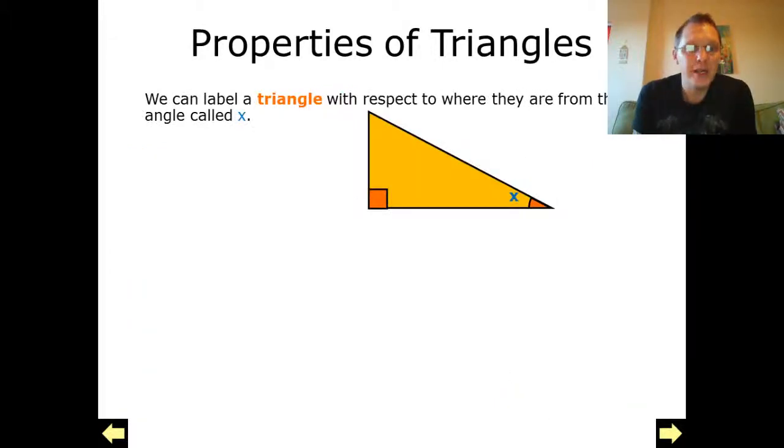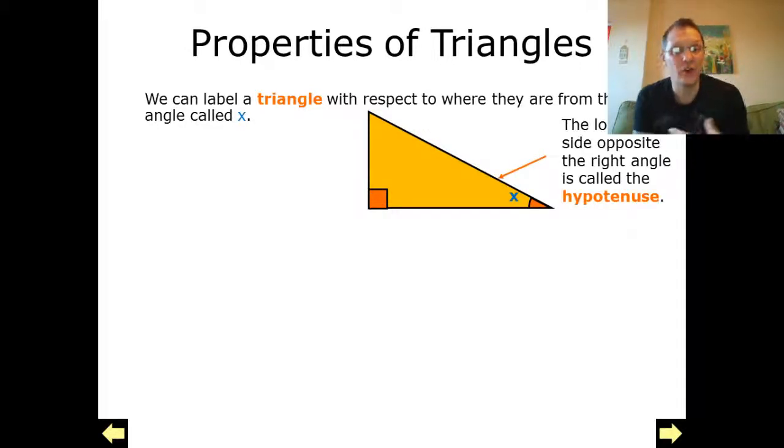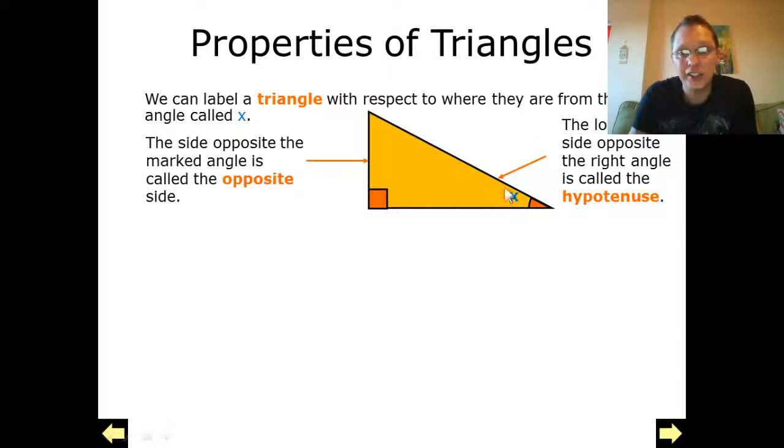So, when we are looking at triangles, we could label these to actually identify different sides of this in respect to exactly where the angle is. So, the longest side of the triangle is always going to be the hypotenuse. The side opposite our angle marked with X is called the opposite.